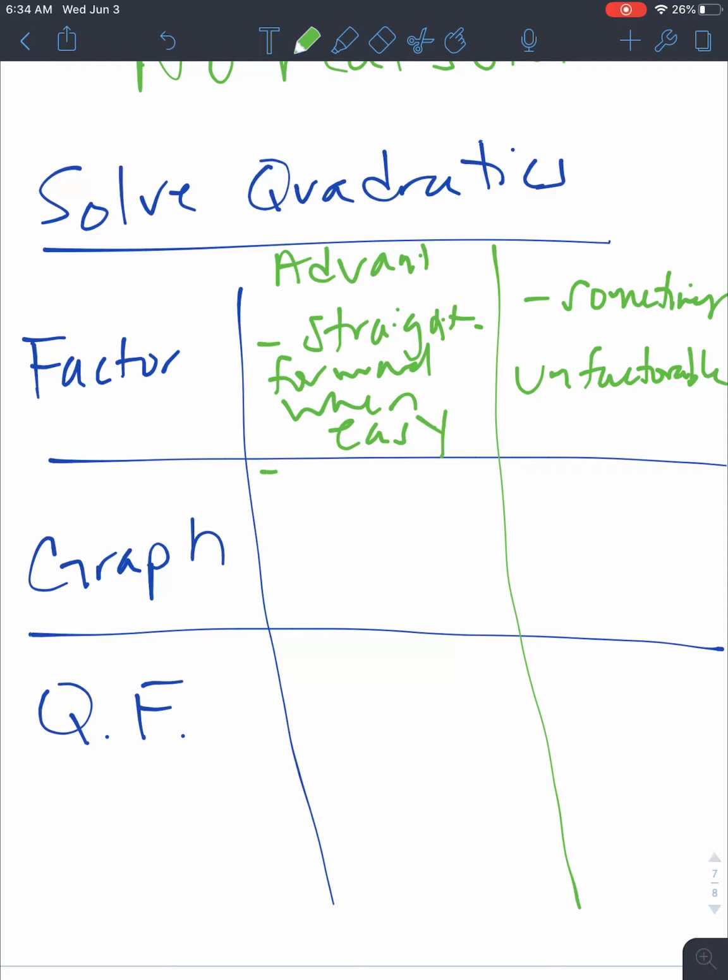Graphing can be easy to see the number of solutions, all right, as we just saw. And you can use them when approximates are good enough. So this only gives you approximate answers, which can also be a disadvantage. And in fact, that is the main disadvantage, is that usually it doesn't give exact answers.